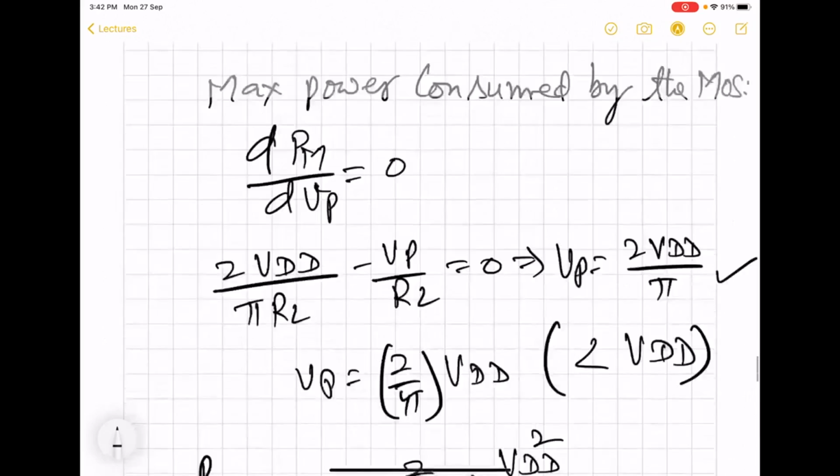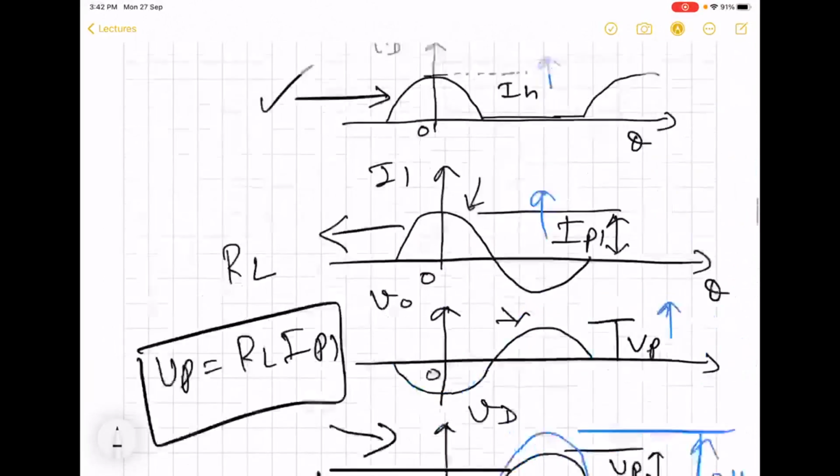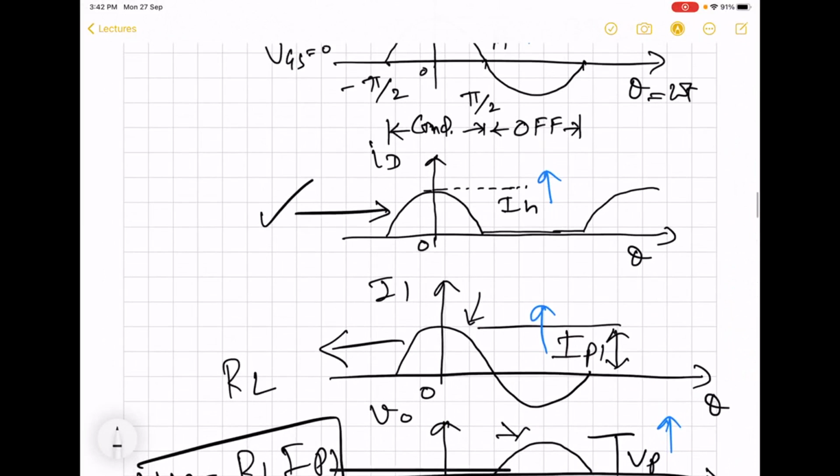So what we saw was that the total drain current has this half-wave rectified form, this one, and the DC part is going to be the average, equal to IH by pi.